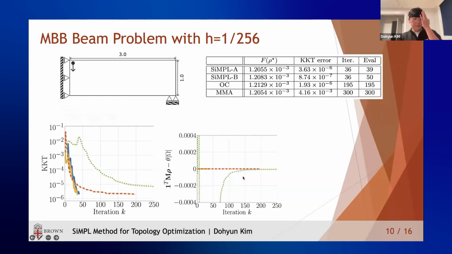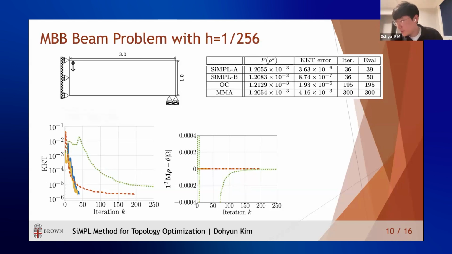And for the KKT condition, our methods converge much faster than the other two. Here we have the final objective function value. OC is a little bit higher than the other three, and we have a similar objective function at the final design.